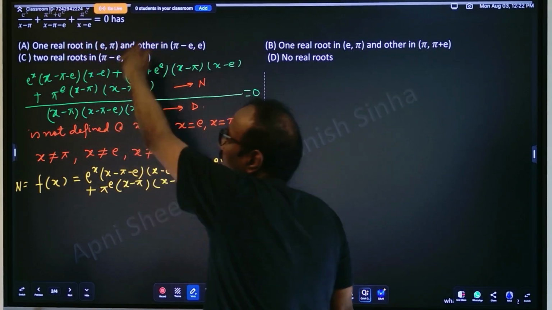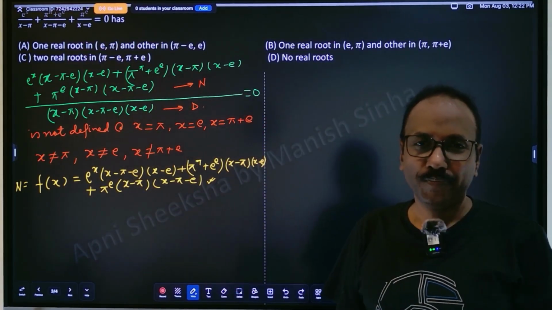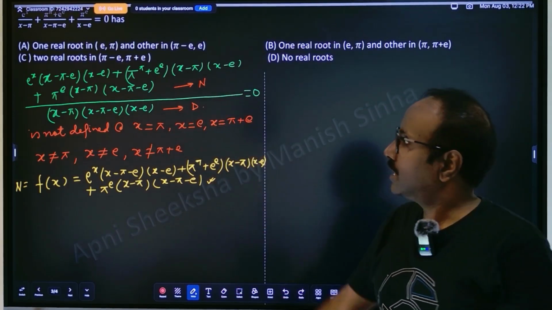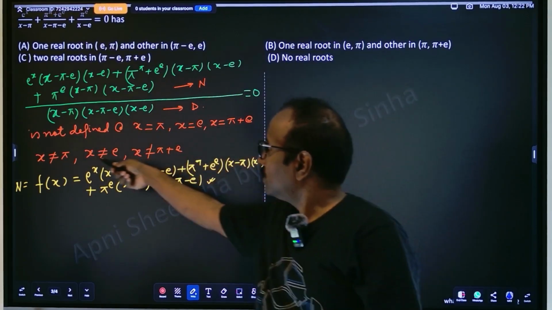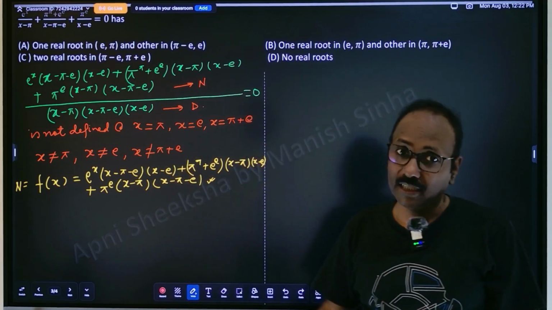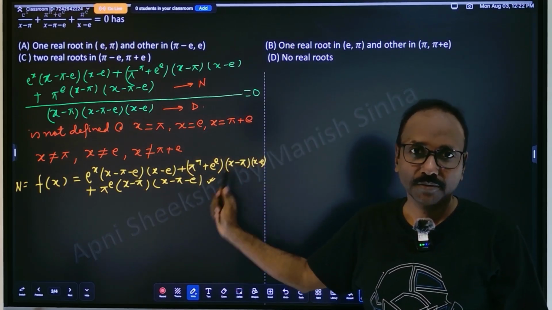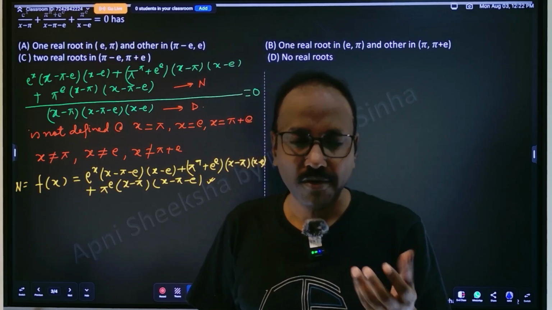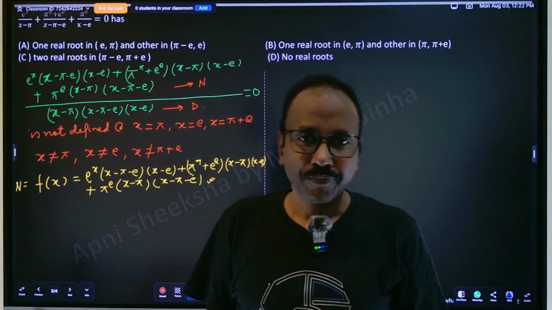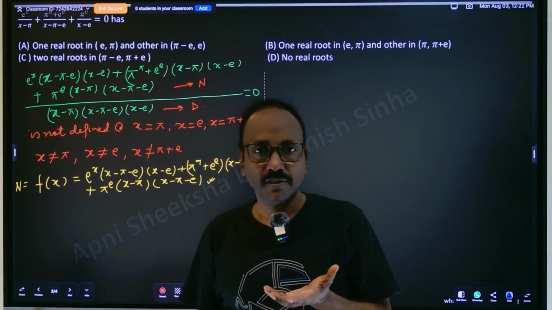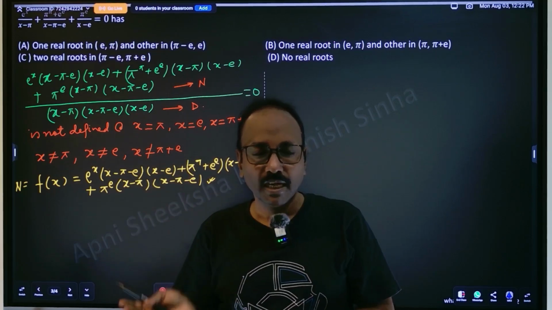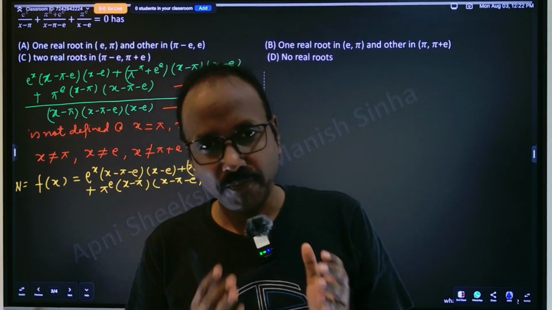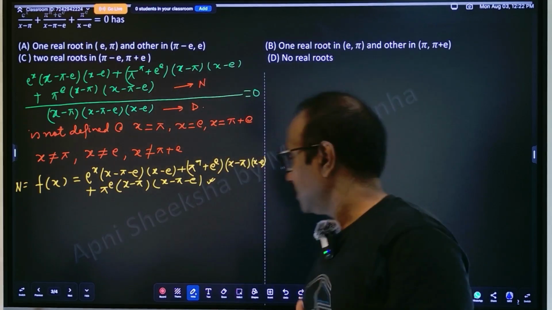So these options are giving us a clue that we can try this numerator function at x equal to e, x equal to pi, and x equal to pi plus e, and see whether the value at e is positive or negative, at pi, at pi plus e, and at pi minus e. So that way you will come to know, so we can think in this way.